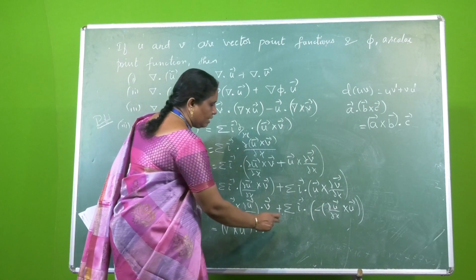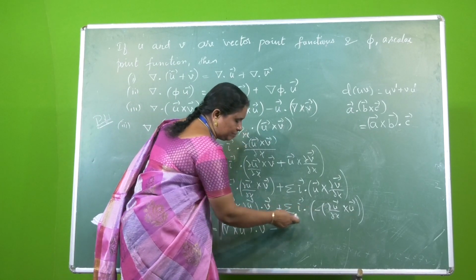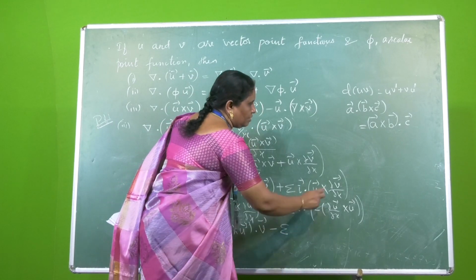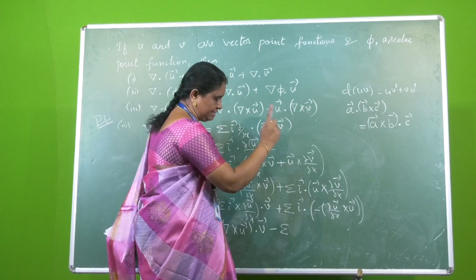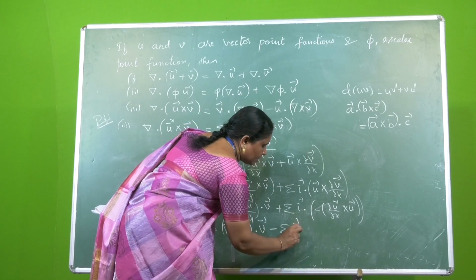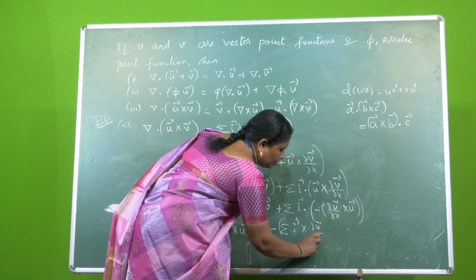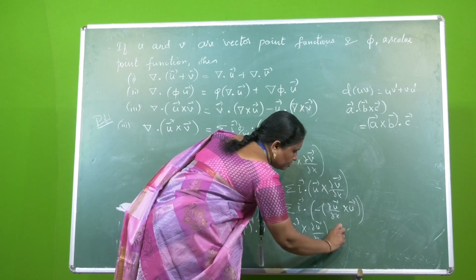Okay, and here we can take this minus outside and we can write this summation using the formula A dot B cross C as summation i cross dou v by dou x dot u vector.